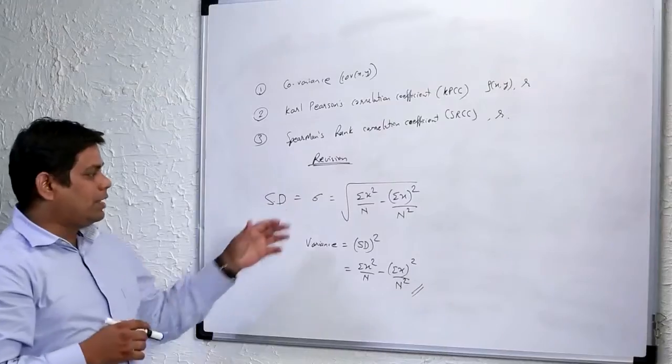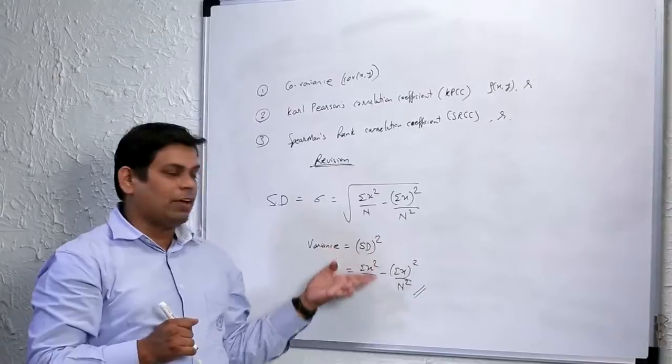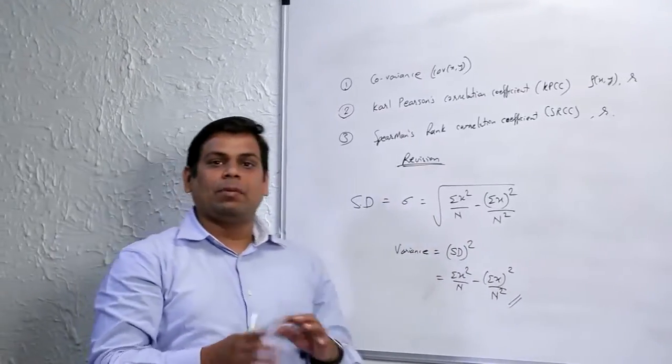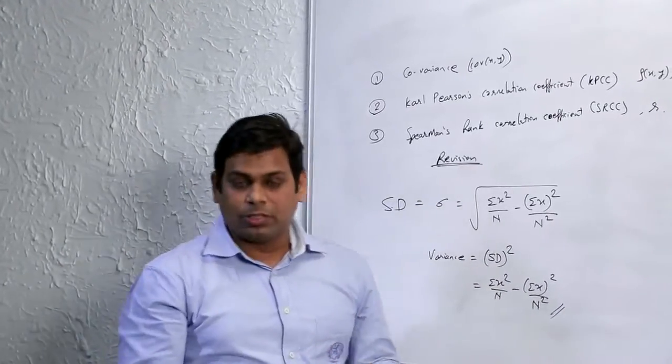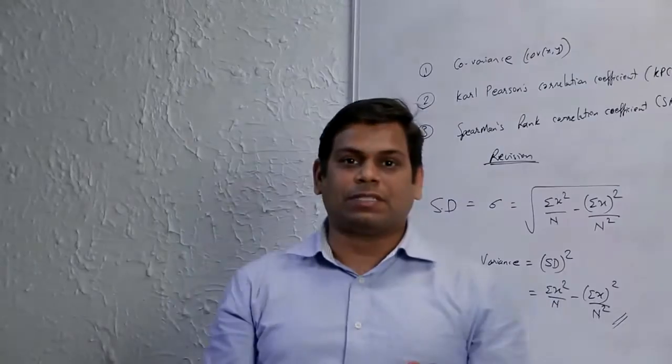In 11th standard we studied only one variable. Here we have two variables, x and y. So now let us see what is covariance first.